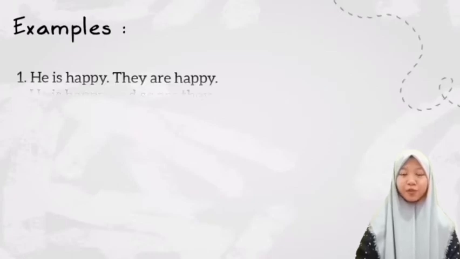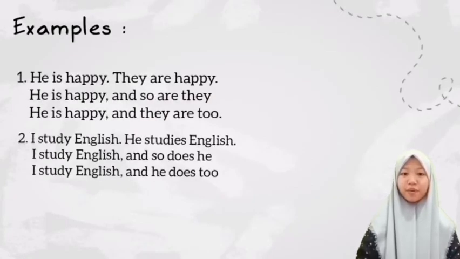Here I have two examples. Each example has two positive sentences. In the first example, he is happy, they are happy. In this example, the auxiliary verb is already in the sentence, so it makes it easy to combine them by using so and too.